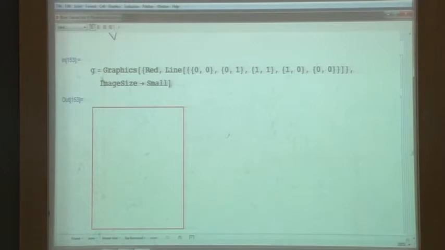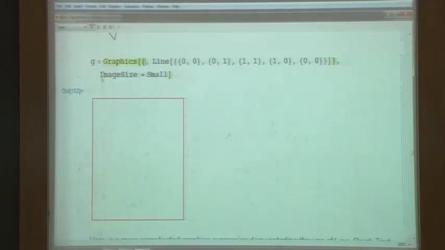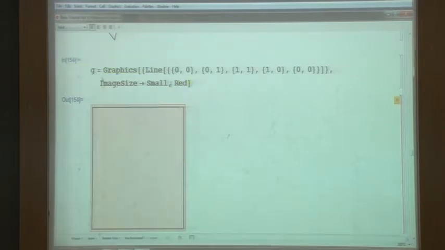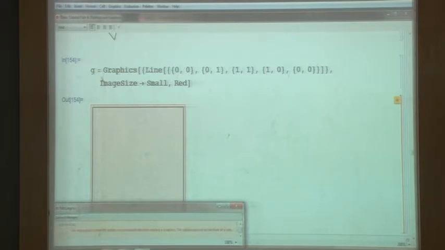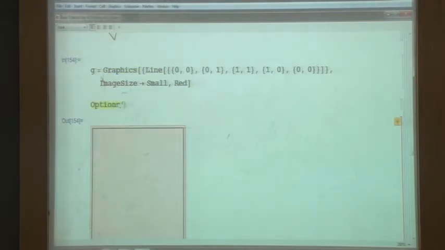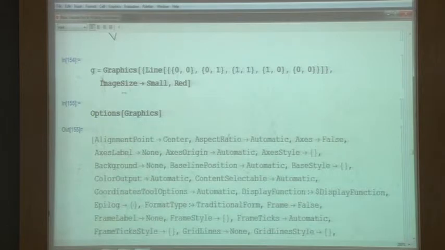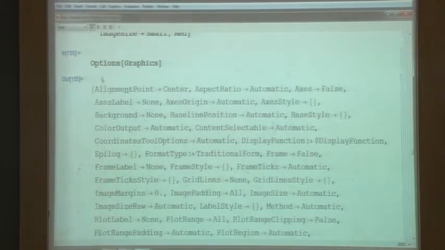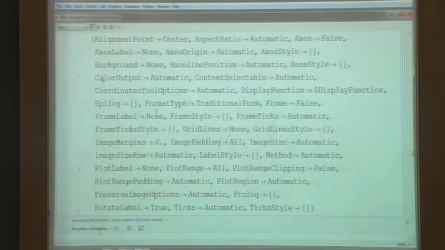Okay, if I put it outside the curly brackets, let's try. I put red here. It doesn't understand. It gives me an error message: an improperly formatted option was encountered while reading Graphics. Why? Because if I put it outside, this option belongs to Graphics. But you see, red is not part of Graphics. There is no option here that tells me red, so Mathematica is confused.